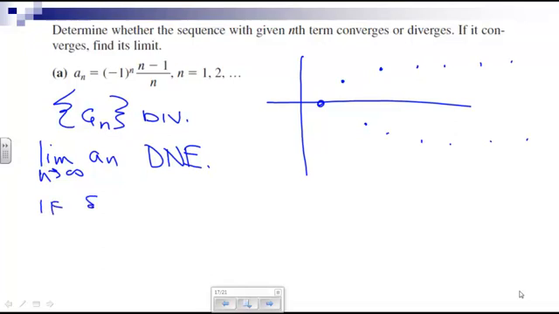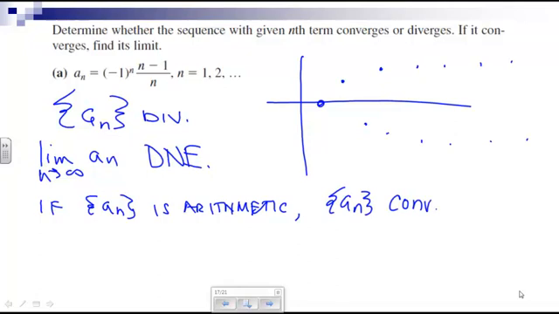If a sub n is arithmetic, the sequence a sub n converges, throw some fancy math at you guys, if and only if d equals 0. Sorry, d equals 0. IFF stands for if and only if.